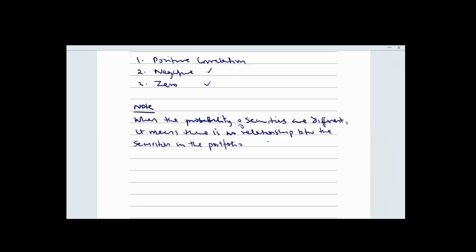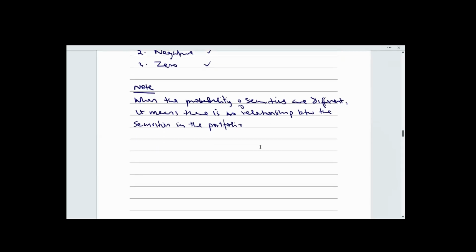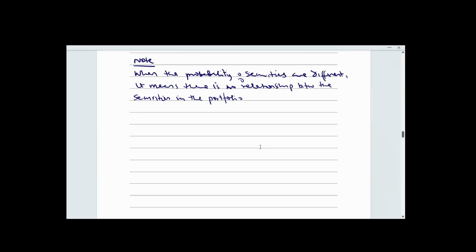Now, what we are saying is that if in a question you are given different probabilities for each security, let's say we have security X and security Y. The probability of security X is 0.3, 0.4, then 0.3.